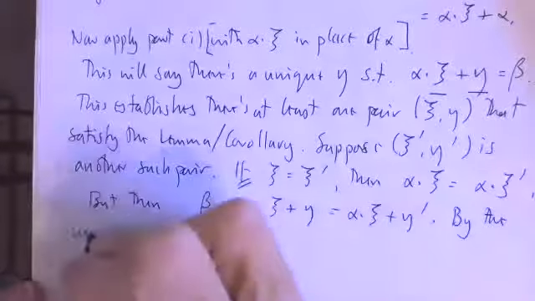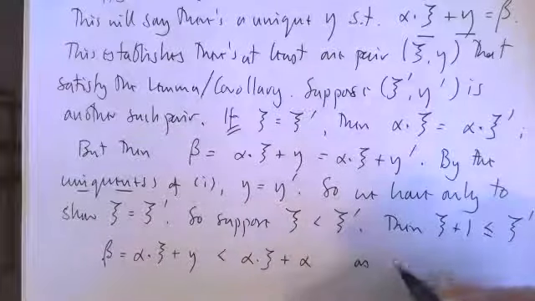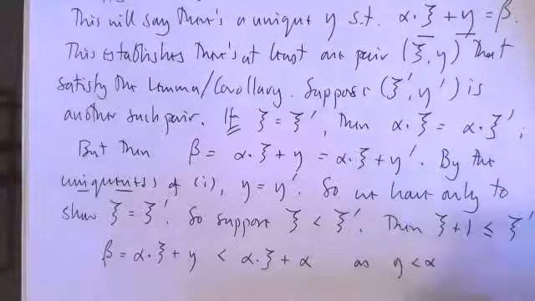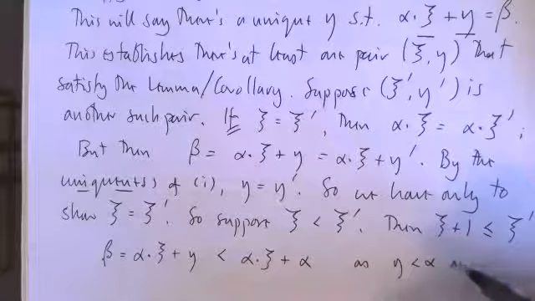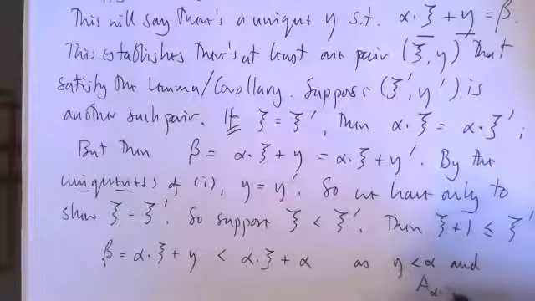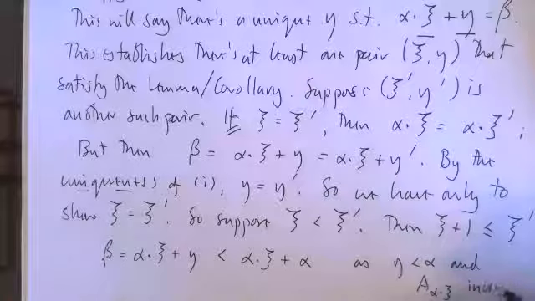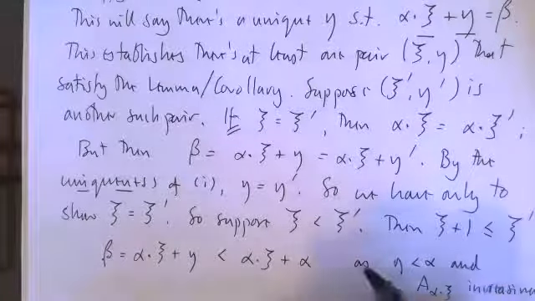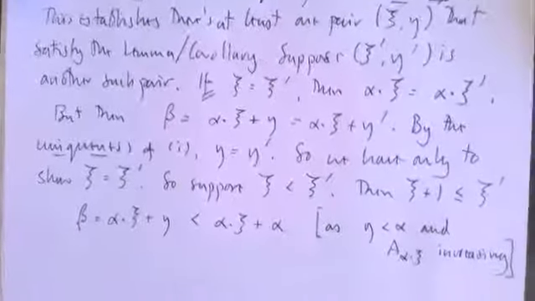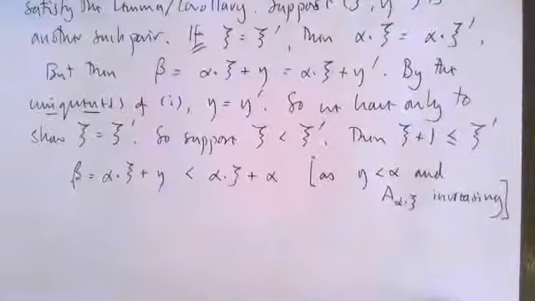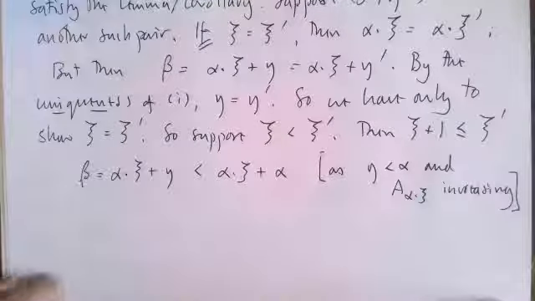It's the bit that's left over that I need to add on to this multiple of alpha to get to beta. So I'm using that eta is less than alpha and that the adding function is strictly increasing. So those are my reasons for that strict inequality here.